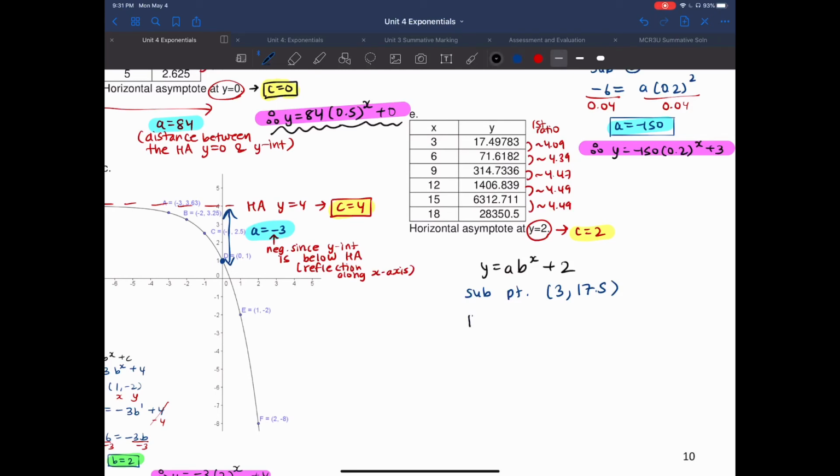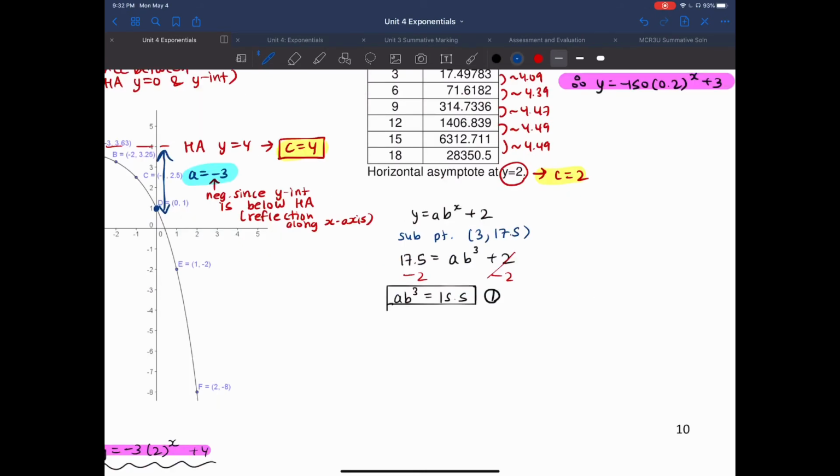And so I get 17.5 is equal to, I don't know my A, I don't know my B, but I know my x is 3, plus 2. I want to get the A and the B by itself, so I'm going to subtract 2 from both sides, and I get AB to the exponent 3 is equal to 15.5.